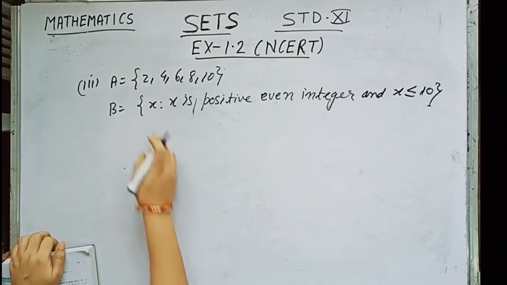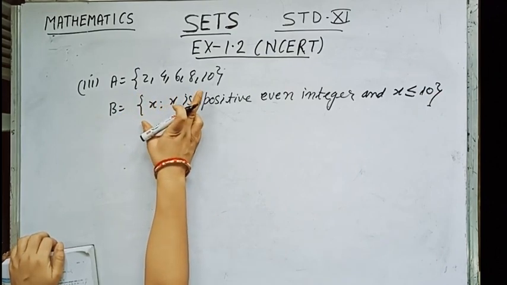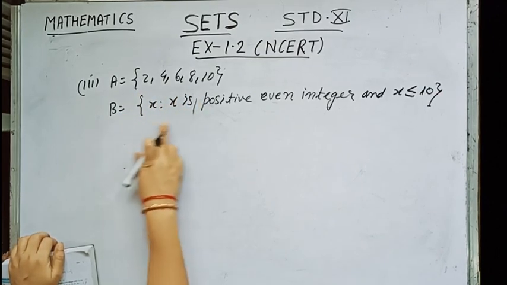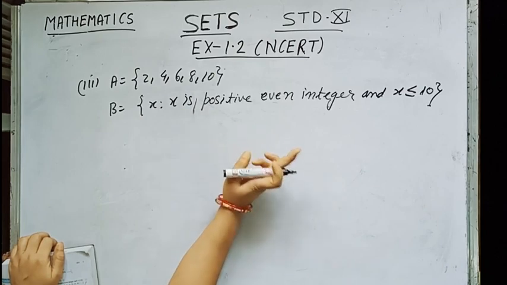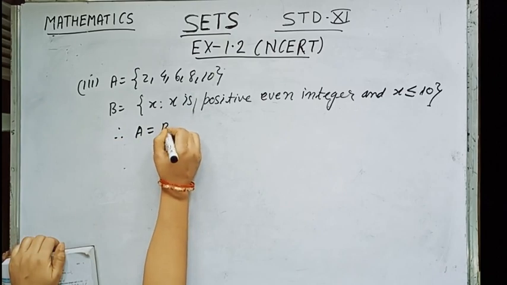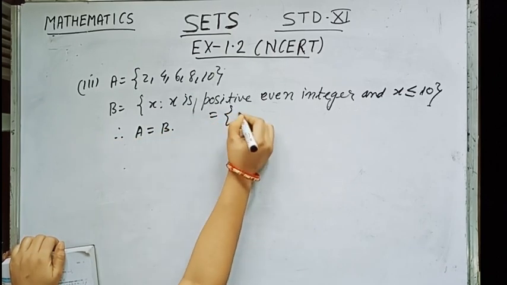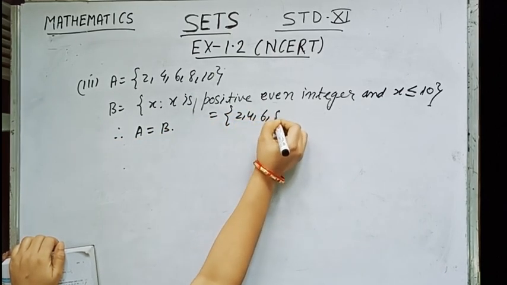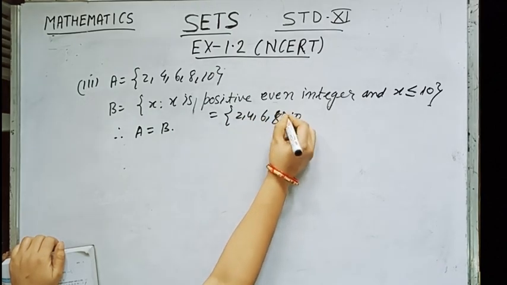Clearly children, over here set A is also positive even integers less than or equal to 10 and B is also positive even integers less than or equal to 10. Therefore we can write set B equals {2, 4, 6, 8, 10}.